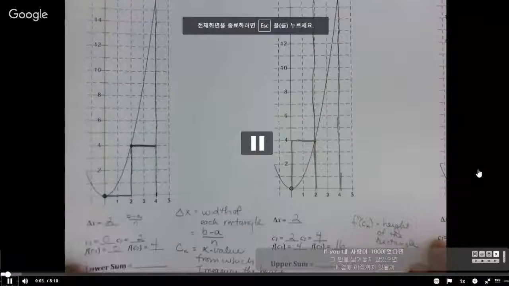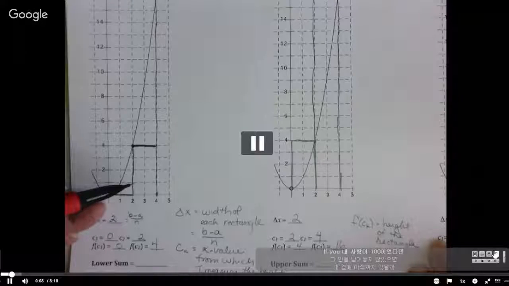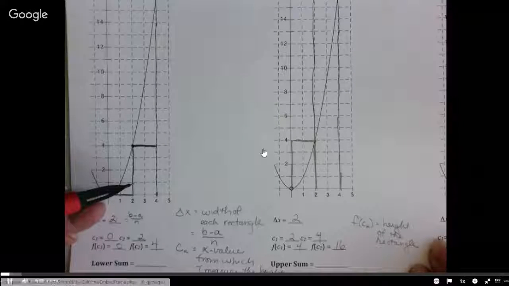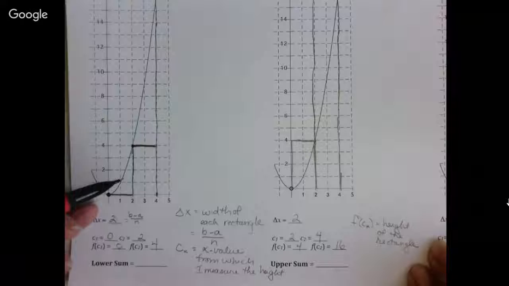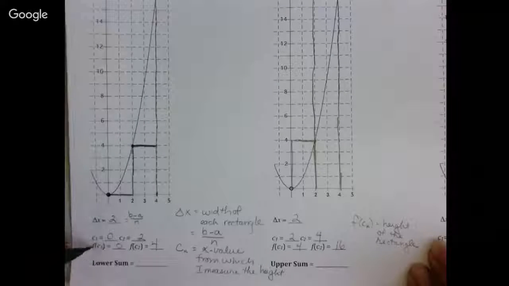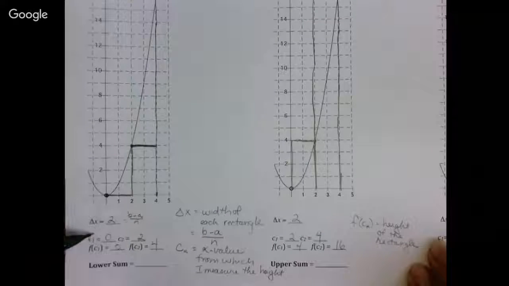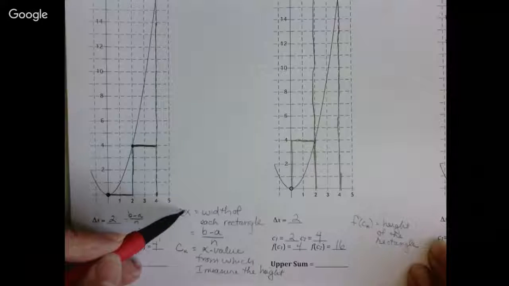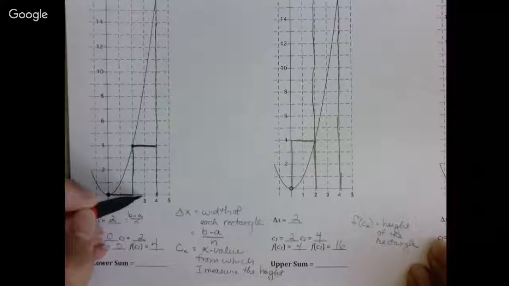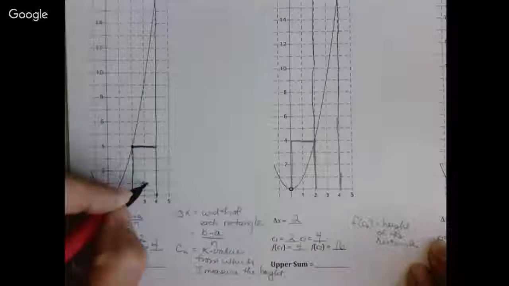In a previous activity, we looked at forming lower sums, upper sums, and midpoint sums. In particular, we wanted to learn some notation that would help us when we have, say, n boxes as opposed to 2 boxes or 4 boxes. We learned that delta x is the width of each rectangle. So this is my delta x.